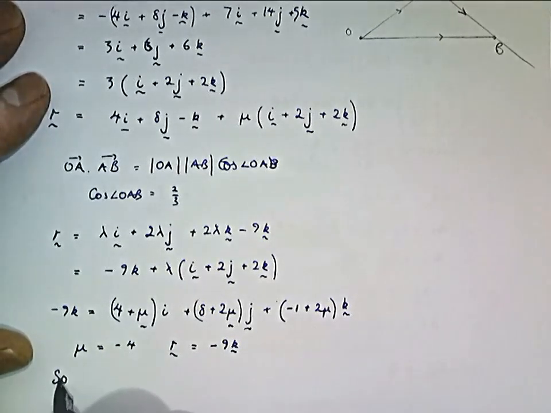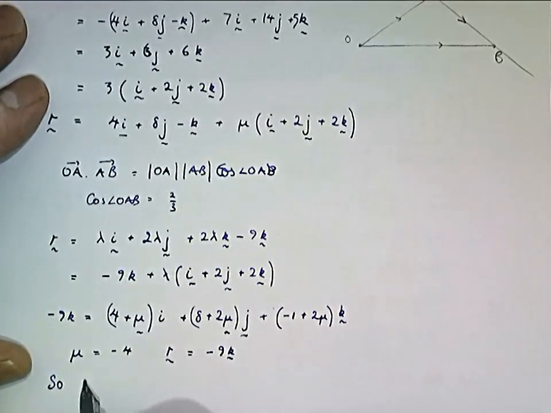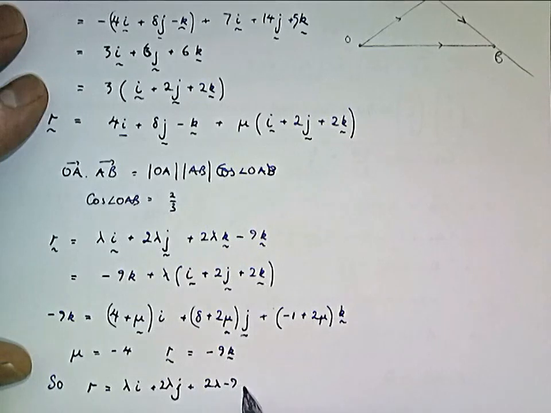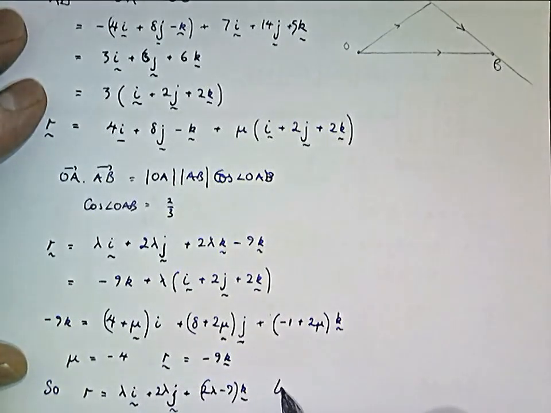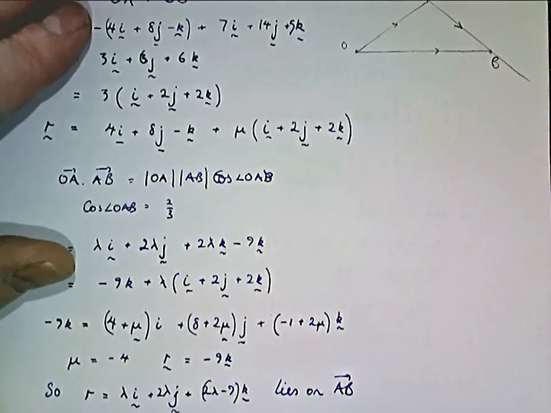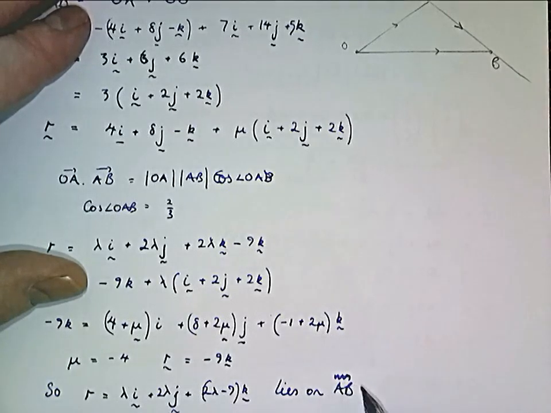So we can conclude from this that R equals lambda i plus 2 lambda j plus (2 lambda minus 9)k lies on the line AB.